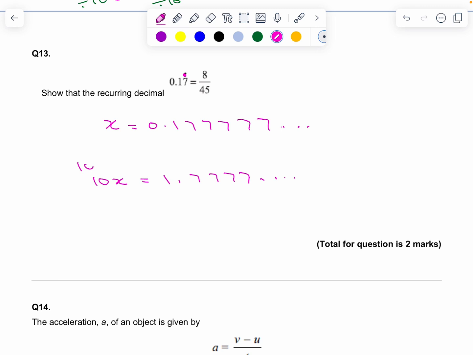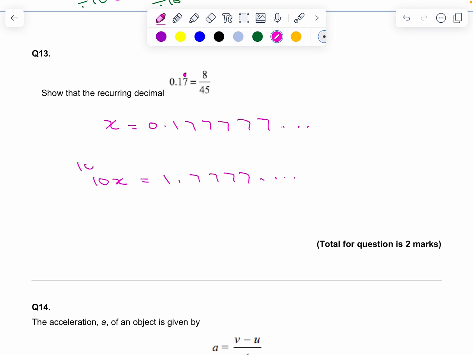100x take away 10x gives me 90x. And then obviously the recurring bit disappears because 7 take away 7 is 0, 7 take away 7 is 0, and so on and so on. So these all cancel out, and you're left with 17 take away 1, which is 16.